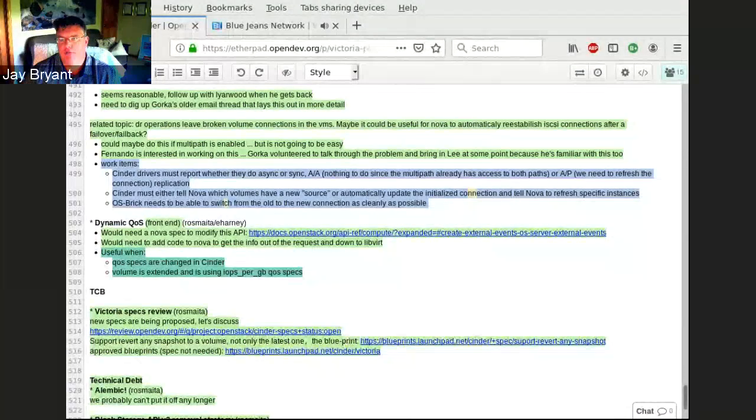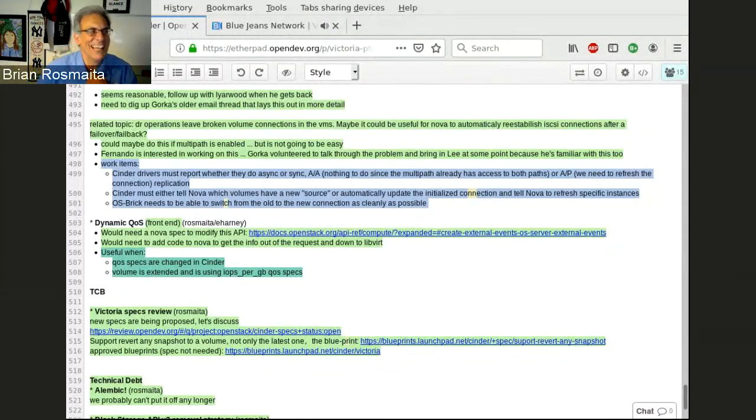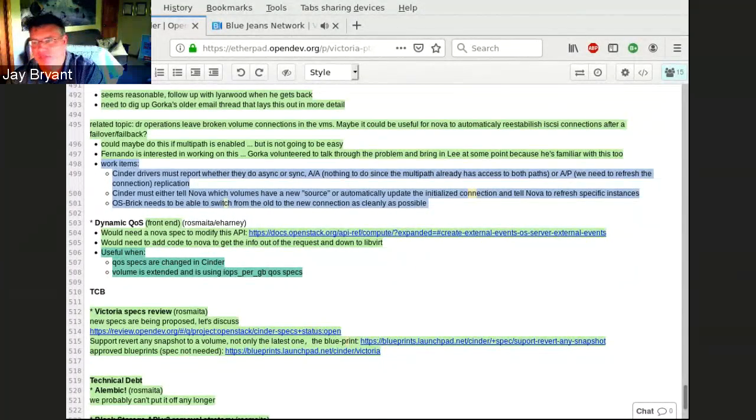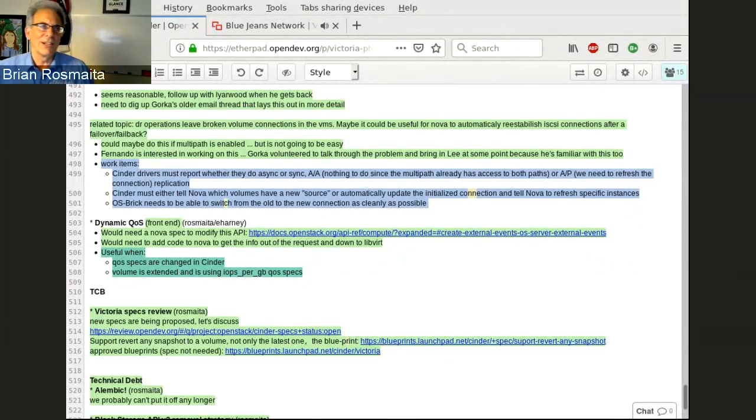It's a good idea. Okay, thanks. I think this is something that's been talked about in one way or another for a while. So yeah, I contacted Gibby, the Nova PTL, before the PTG, just to see, and he thought this sounds reasonable.